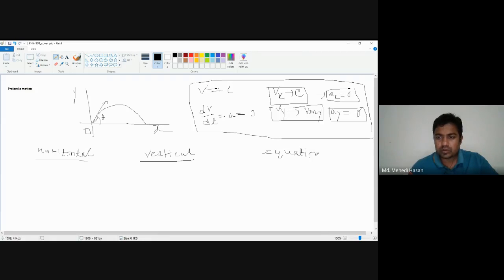these two sets of equations, say the first equation is v equal to u plus at. Okay, now horizontal means x component and vertical means y component.